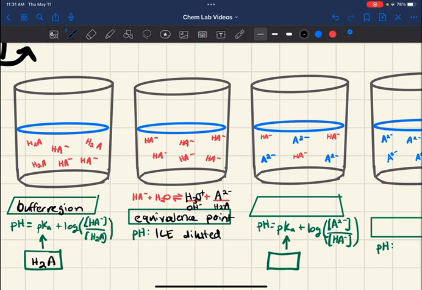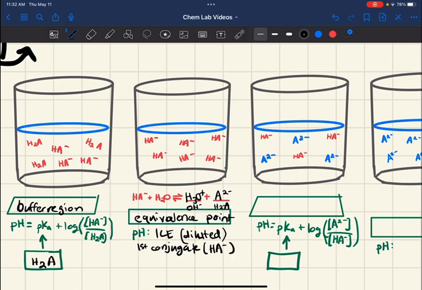So now our total volume is larger, so the concentration of the conjugate base in solution is lower than what the original weak acid was. And this is going to be of our first conjugate. I'll call it first conjugate just so we know what we're talking about. That would be HA-.